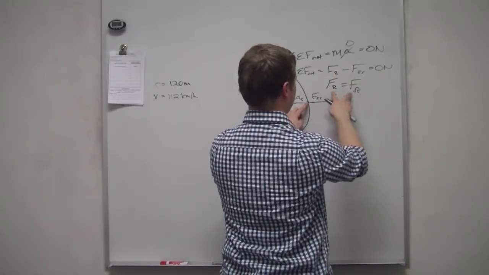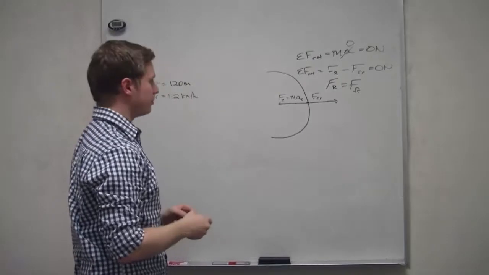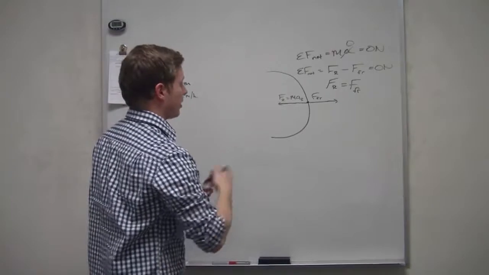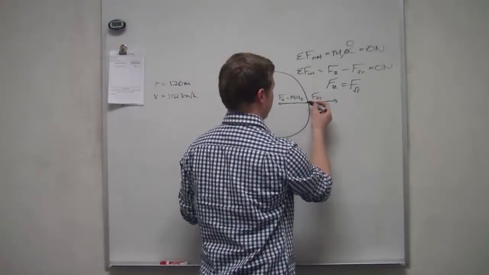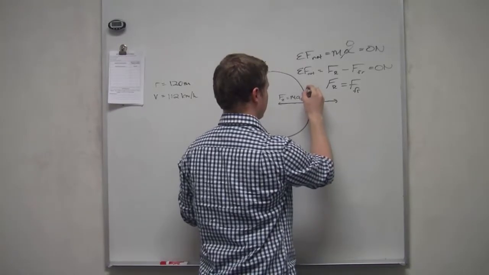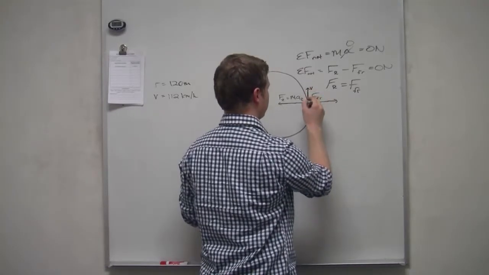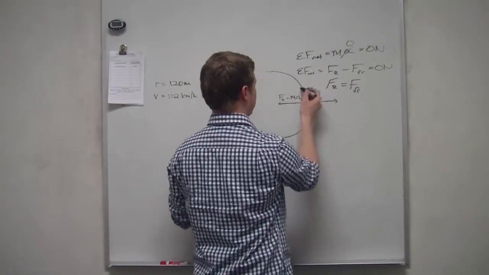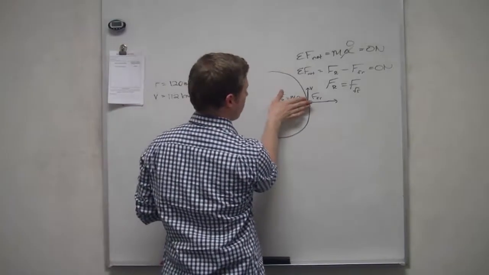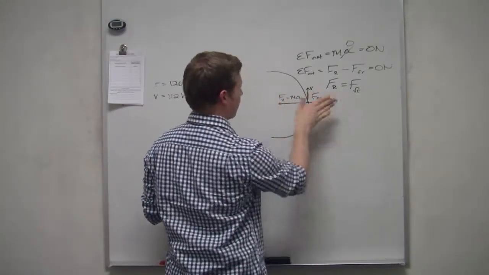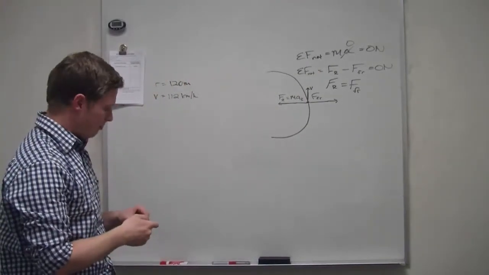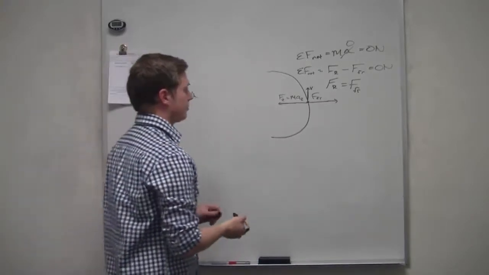So these have to equal each other, even though the car is turning. It has a velocity this way, but it's still turning in a circle. It's just not moving outward. So F_s equals F_R.